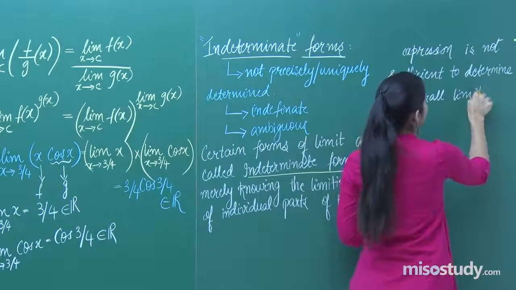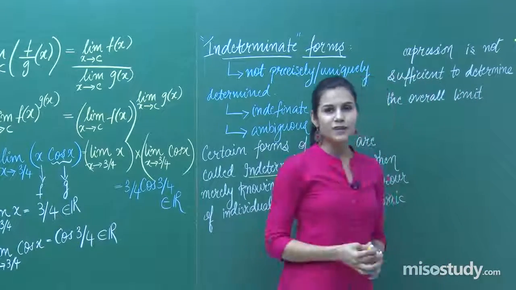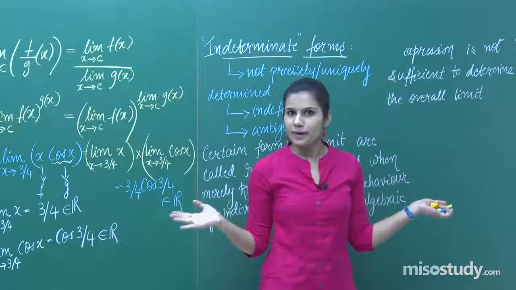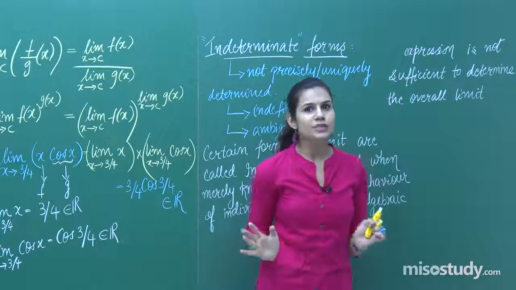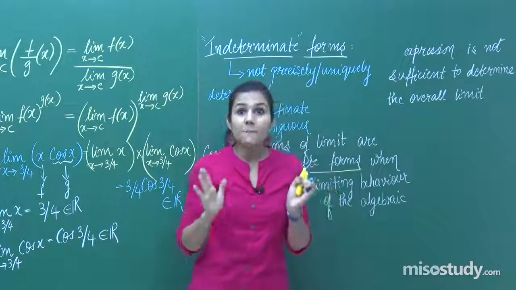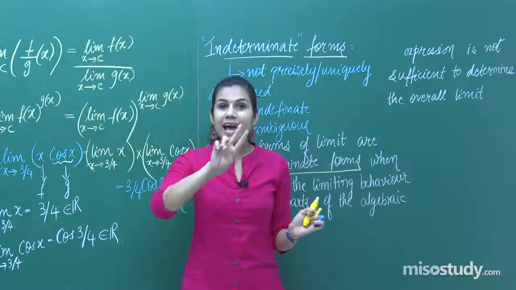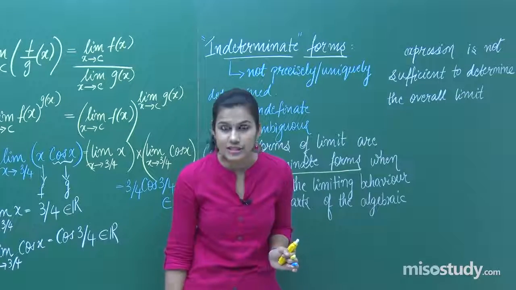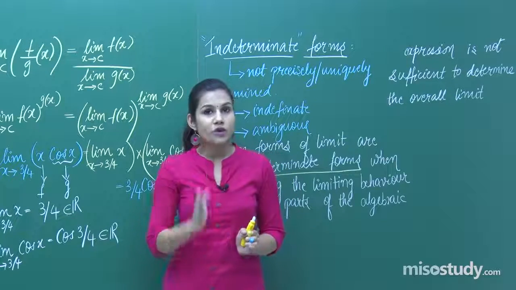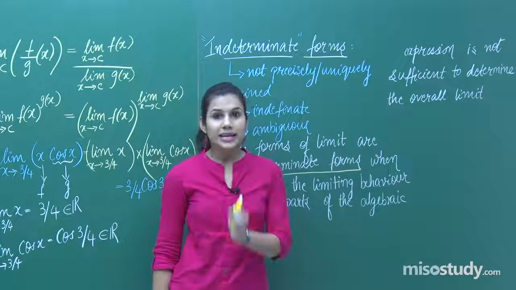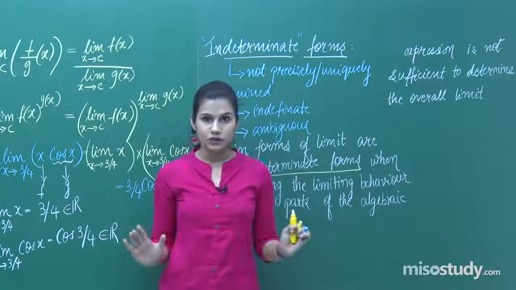See, the definition itself is standing as the evidence of my statement. I told you it is not always a compulsion that in order to evaluate the limiting behavior of the algebraic combination of two functions, just the limiting behavior of the individual two functions involved in that algebraic expression is sufficient.